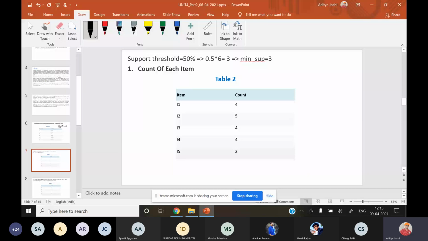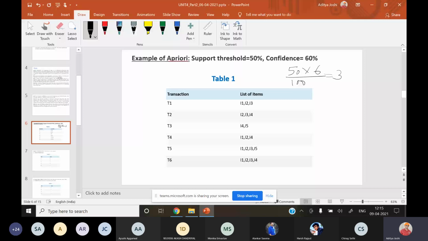In table 2, we will have the count of each item, that is I1, I2, I3, I4, and I5, right? So if you check this table, how many times does I1 appear in that list of items? So 4. I1 appears here, here, and here.